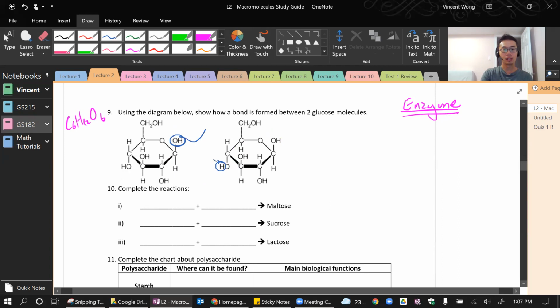Afterwards, you will take away OH and H to form H2O. Okay, and then this carbon will now have one free bond, because you took the OH away, and this oxygen will have a free bond because you took the H away. So this carbon will connect with the O to form a new bond.